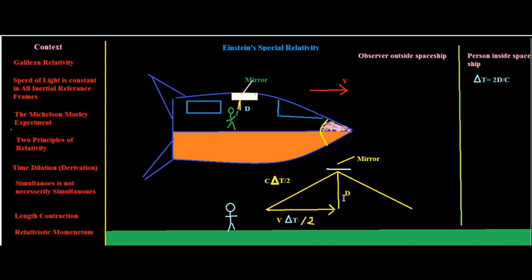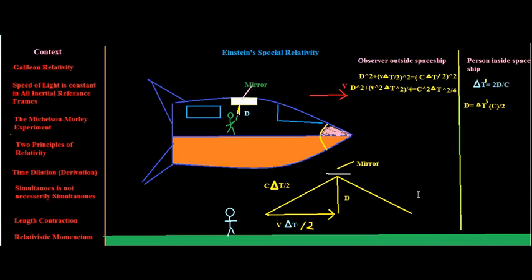So using the Pythagorean theorem, we could write the following. From the Pythagorean theorem, we generate this equation over here. This distance is the same as the distance from the person's hand to the mirror.